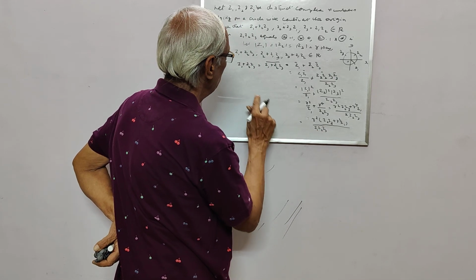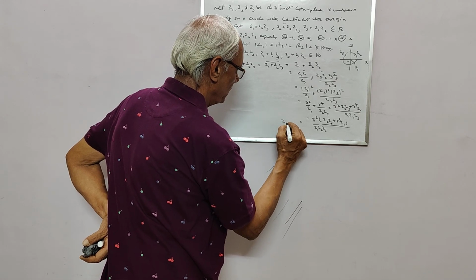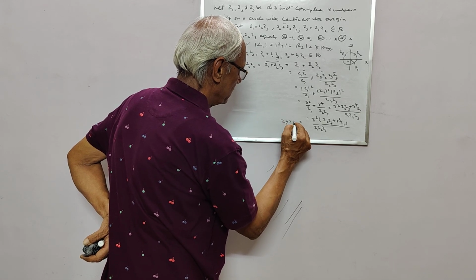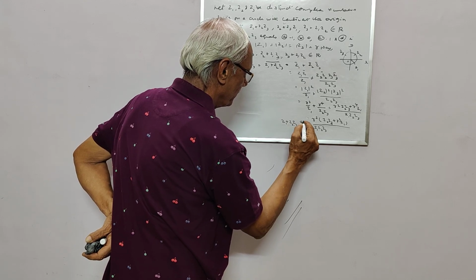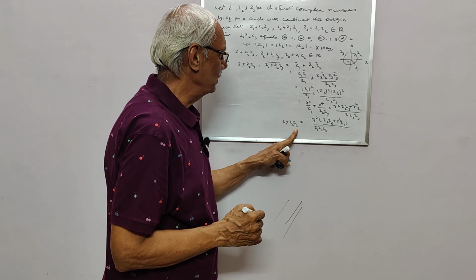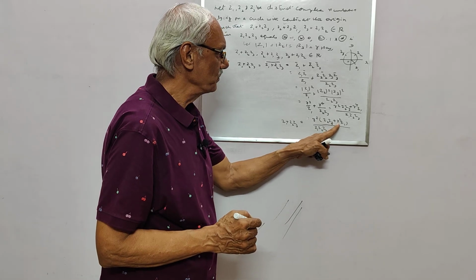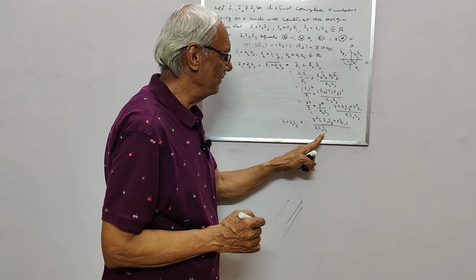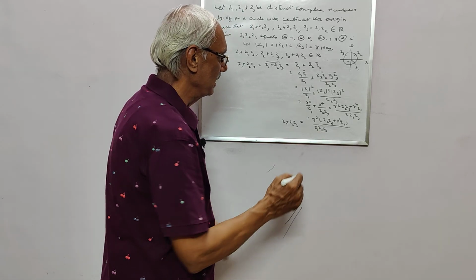So this is what you get for z1 plus z2 z3. So z1 plus z2 z3 will be equal to r squared into z2 z3 plus r squared z1 divided by z1 z2 z3.